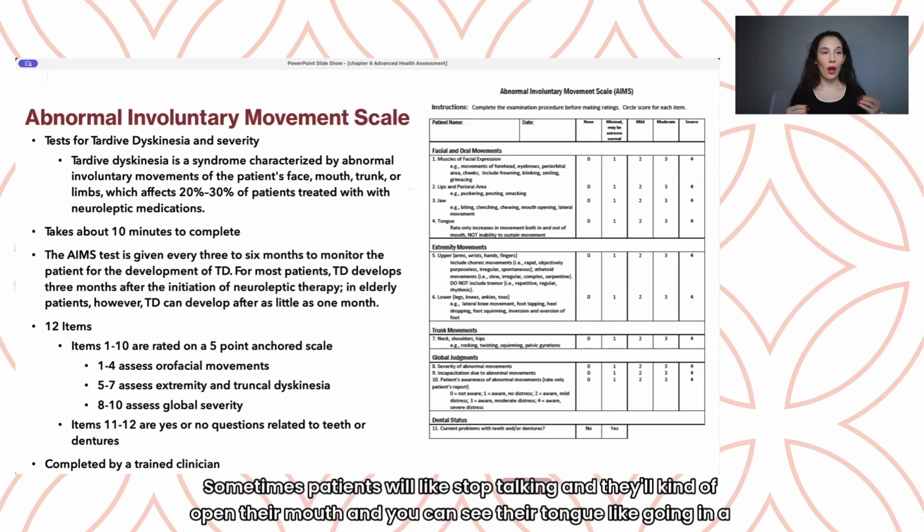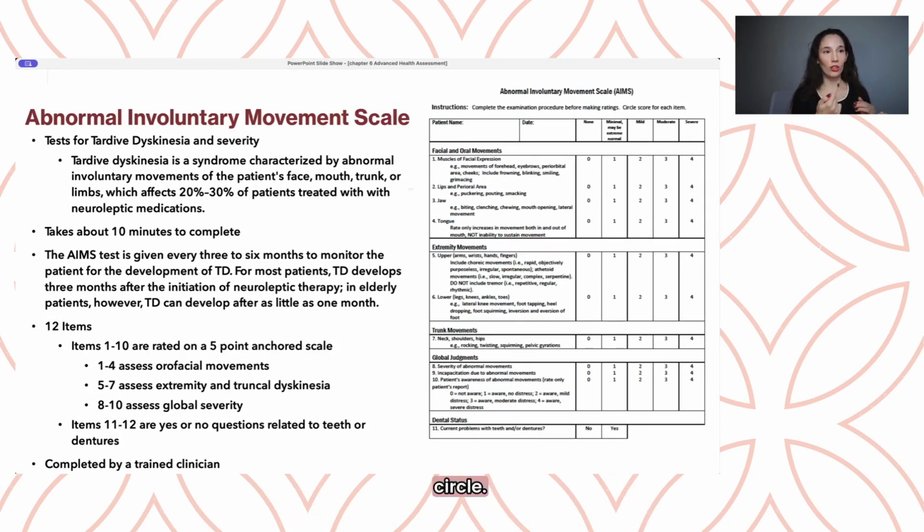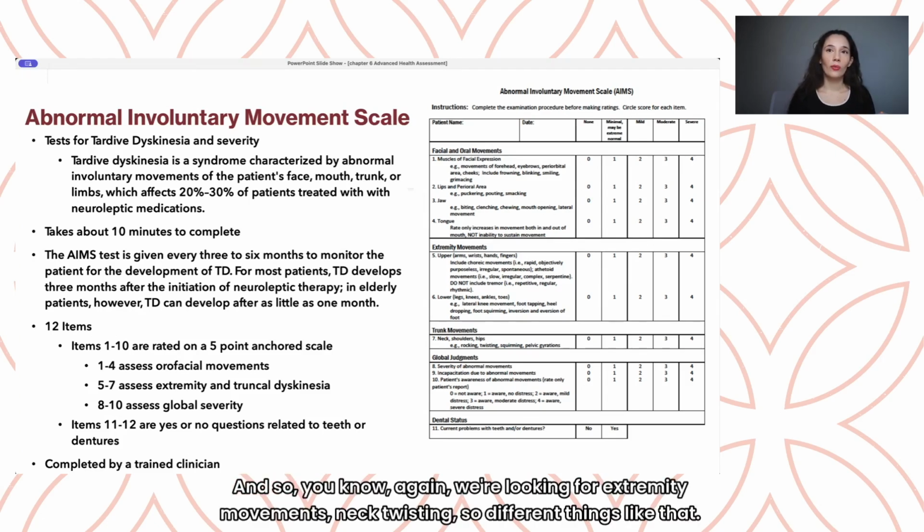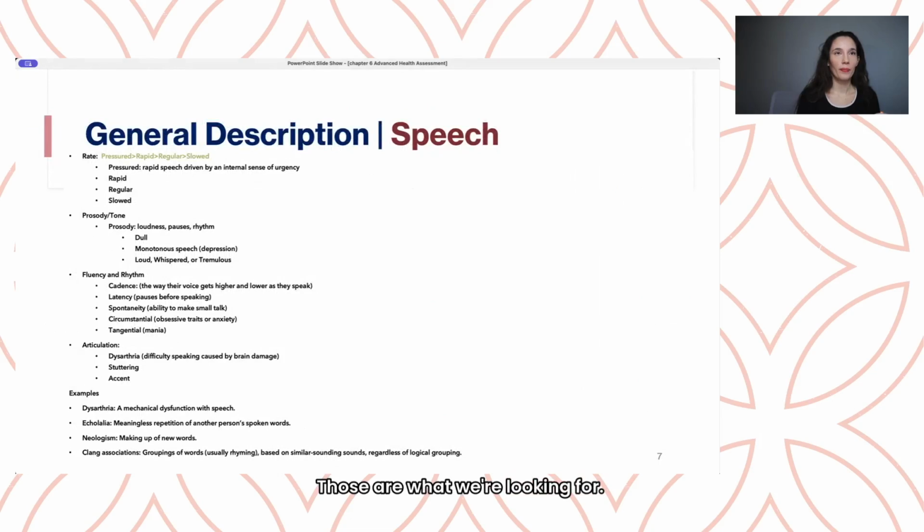Sometimes patients will stop talking and they'll open their mouth and you can see their tongue going in a circle. That would be that one. And so, again, we're looking for extremity movements, neck twisting, so different things like that. Those are what we're looking for.